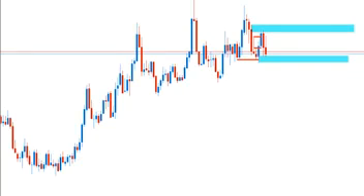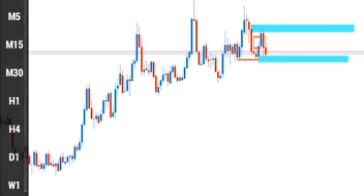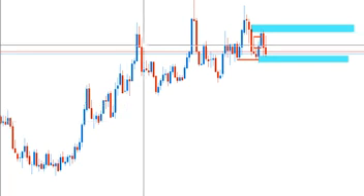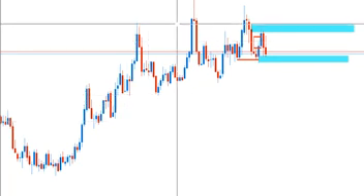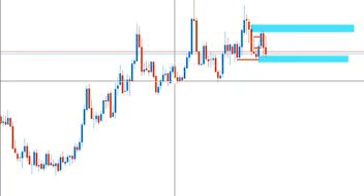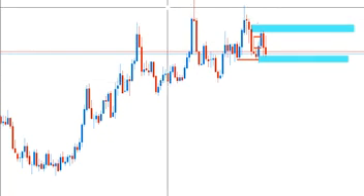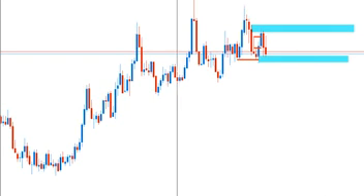On the daily time frame, we have a clear uptrend. Price making higher highs, higher lows. And now price made an attempt to go up, but failed to create a new higher high.